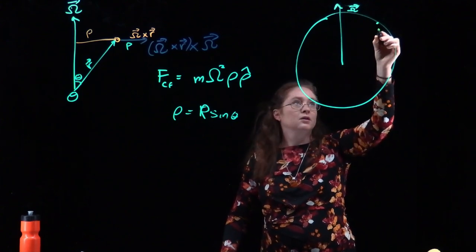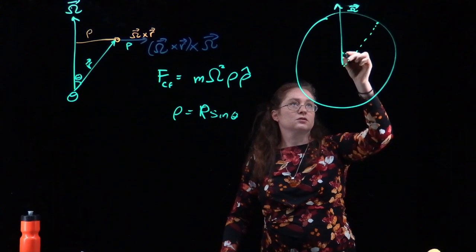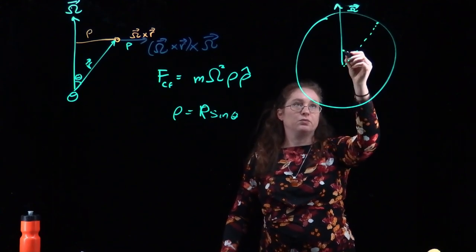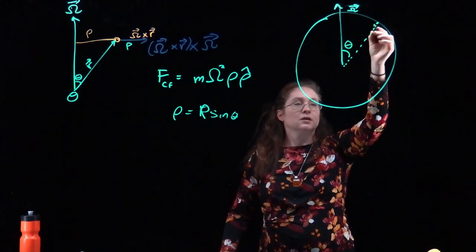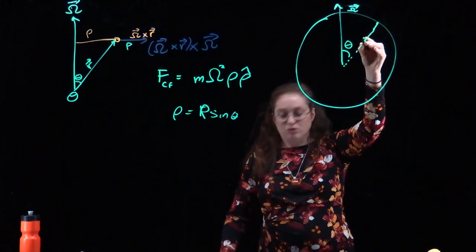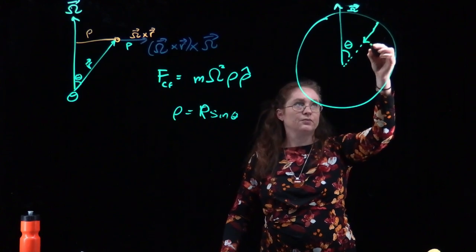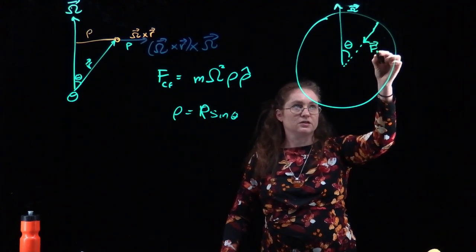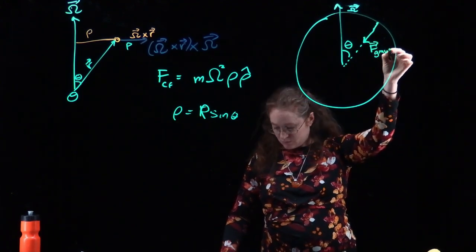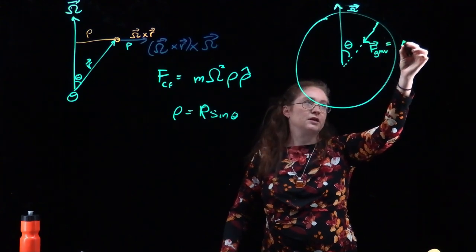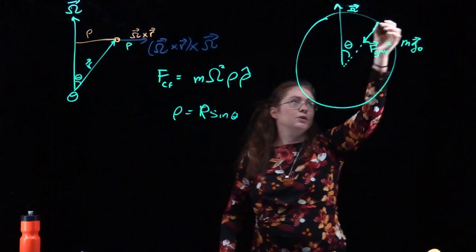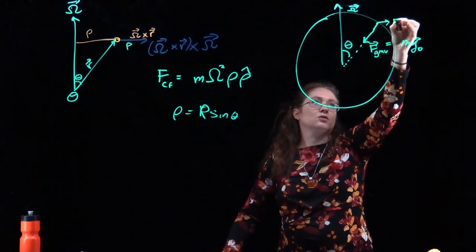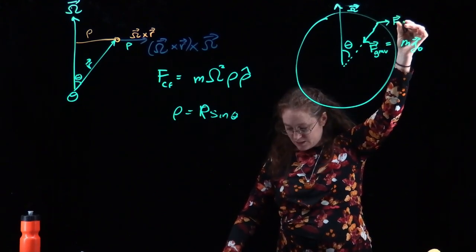And the Earth is spinning in and out of the board. This is theta. And the true force of gravity is directly towards the center. And we call this mg naught. But you also have this Coriolis effect, which acts like this.